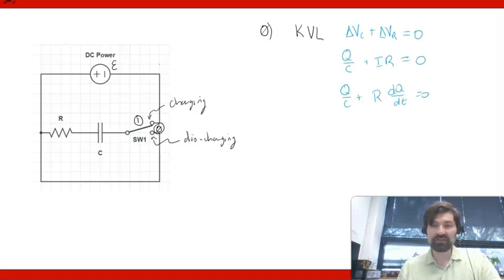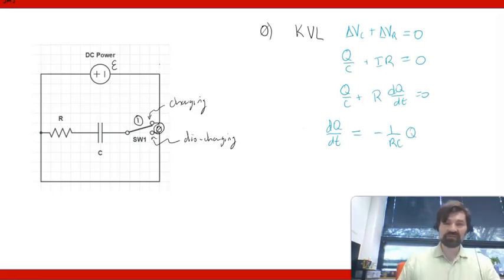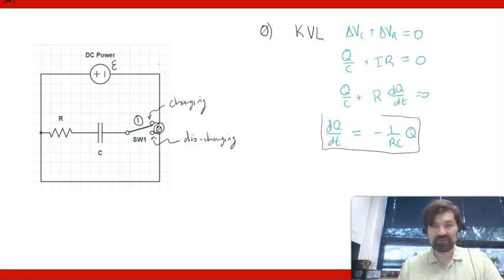And if we isolate dq by dt on one side of the equation, what we have on the other is negative 1 over R times C times Q. This is a differential equation, and we'll solve it shortly. I'm going to partially box this in and note that this is the discharging case.